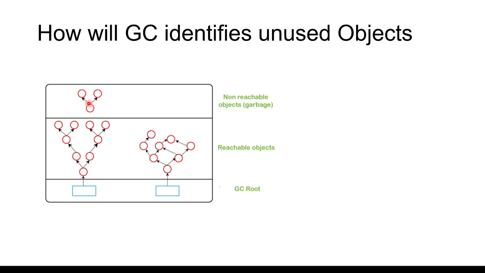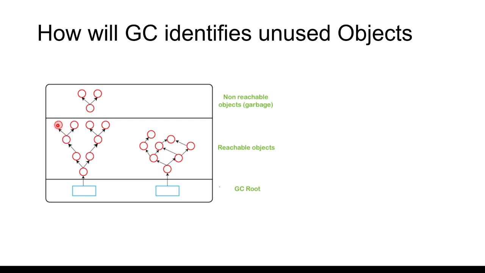Now we understood the mark phase. It will traverse through all the objects and mark the objects which are live. In the next phase, the sweep phase, it will go through all the objects again, irrespective of the GC root or any flow. It will go through each and every object and check whether the object is marked as live or reachable.